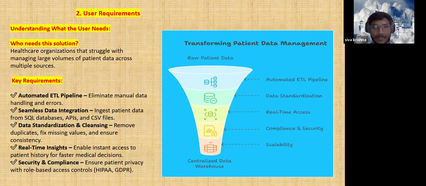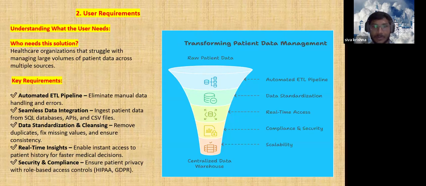Previously, the hospital's data team was manually extracting data from these various sources. Then they clean it, removing duplicates, fixing any missing values, and integrating it into the centralized system.